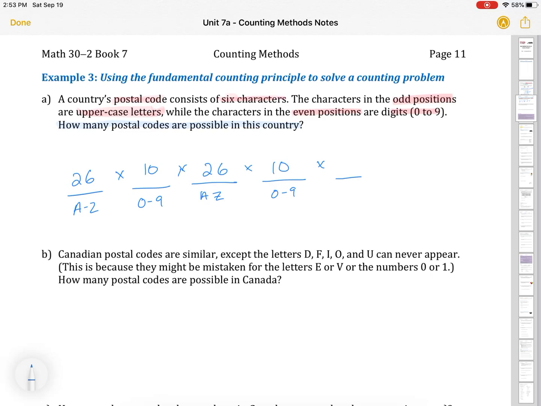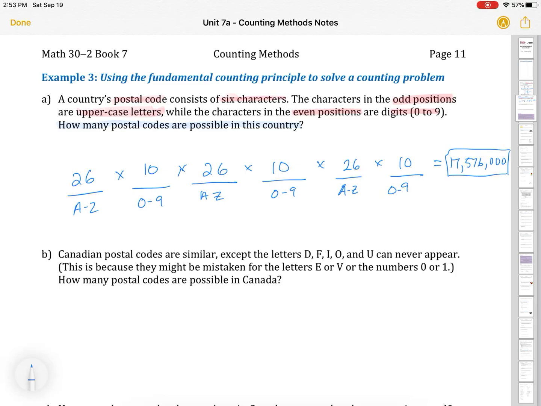Fourth position, 0 to 9, so 10. Fifth position, A to Z, so 26 again. And then finally, the last digit, 0 to 9, which will be 10. When we multiply those, we get 17,576,000. There's lots of possible postal codes, okay?